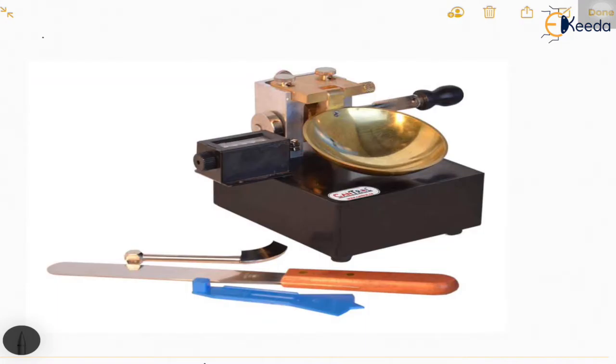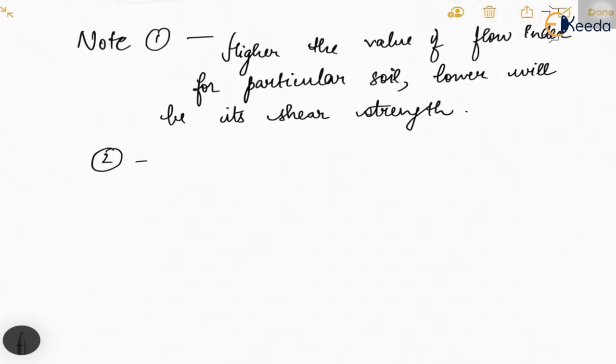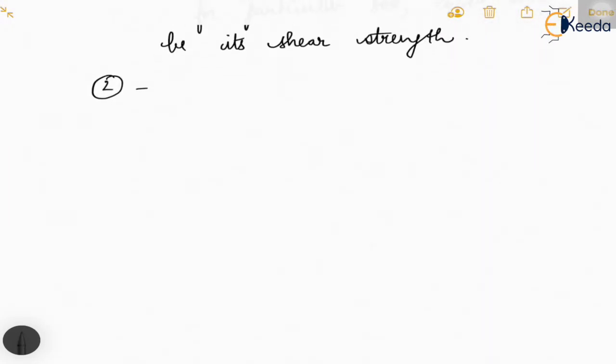Yes, most of you are correct that no, since the base is changed, the impact forces generated upon tapping of this bowl will change. So it might be possible that if we provide a harder base, the soil will tend to flow even faster due to higher impact force. So can I write it down in simple words?